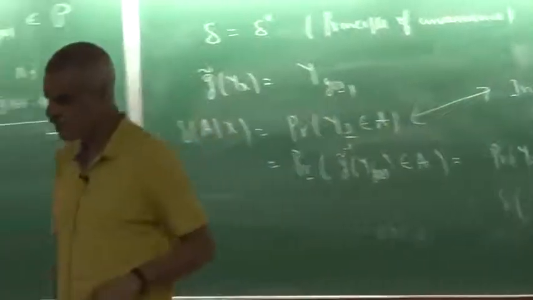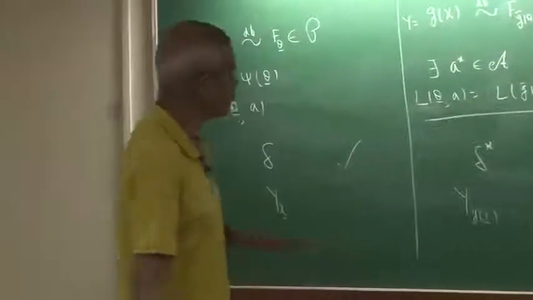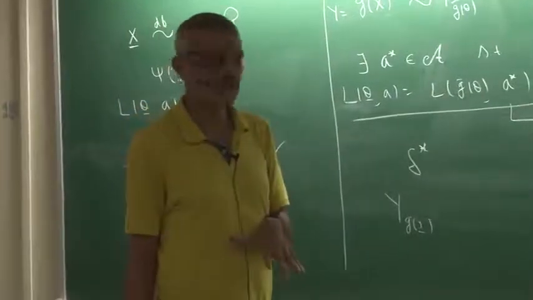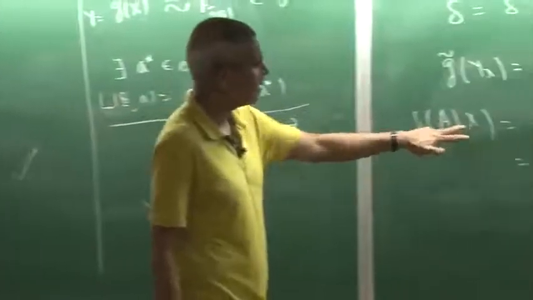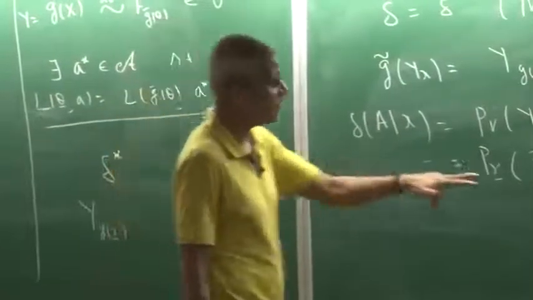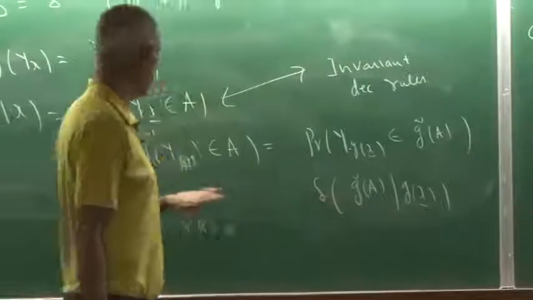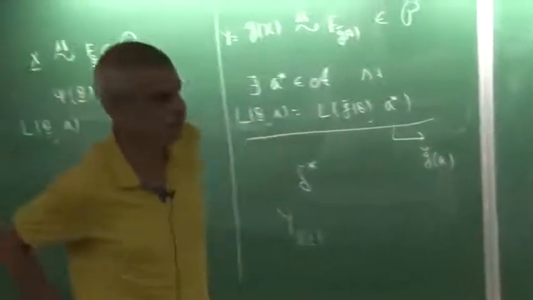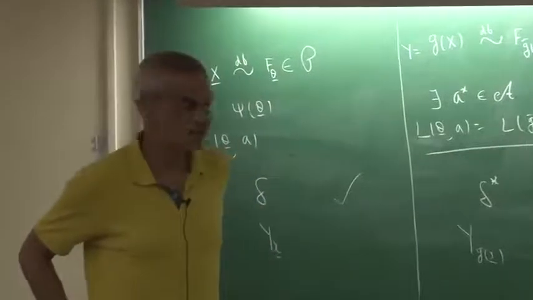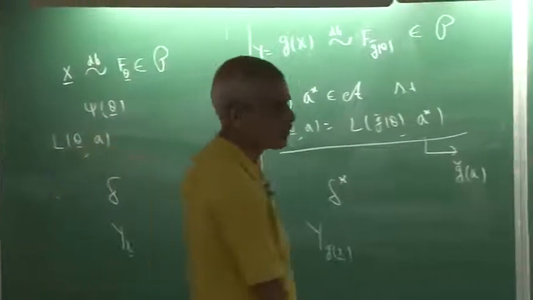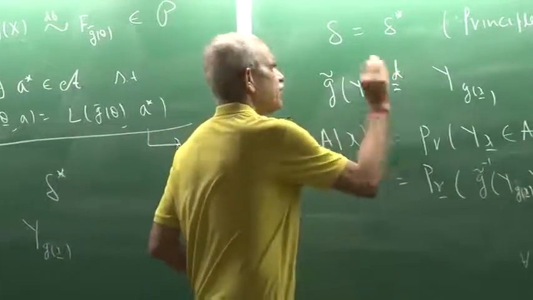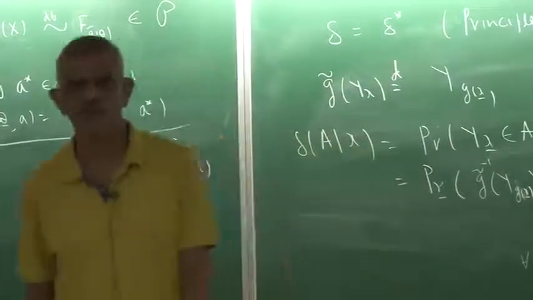So the purpose of this discussion was to show that, look, my invariance principle demands that I should only consider estimators of this type. That means those which satisfy delta of a given x is the same as delta of g tilde a given g of x. Or in other words, if I talk in terms of corresponding random variables, then g tilde y of x should have the same distribution as y of g of x.